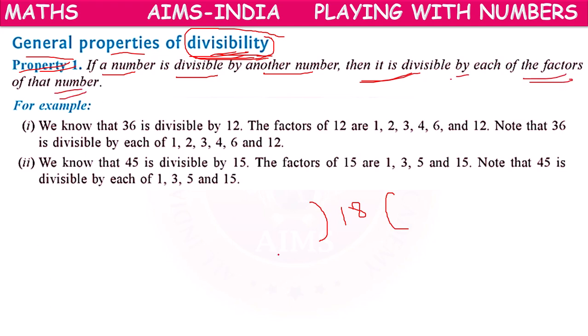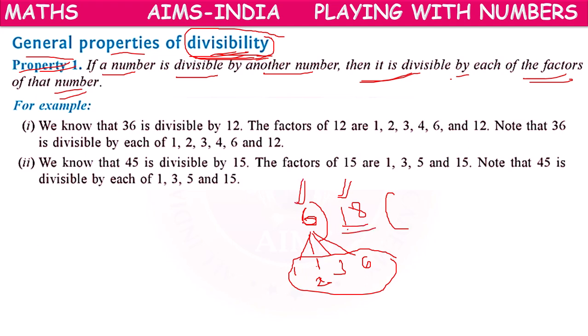Suppose number 18 is divisible by 6, which means that the factors of 6 are 1, 2, 3, 6. Here the number 6 is having 4 factors.